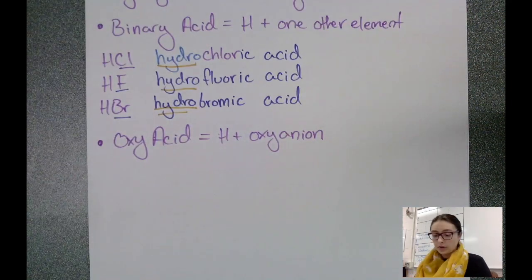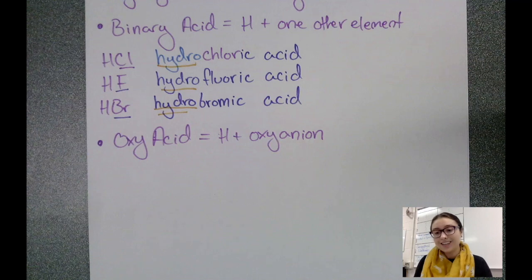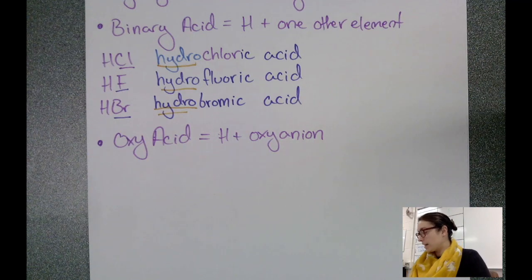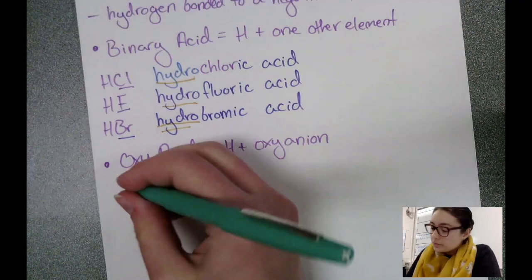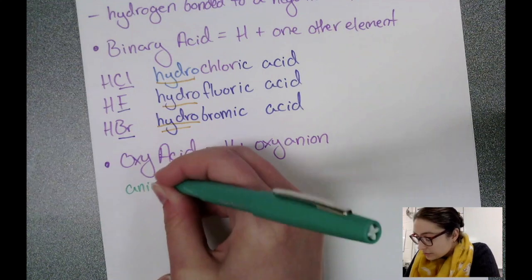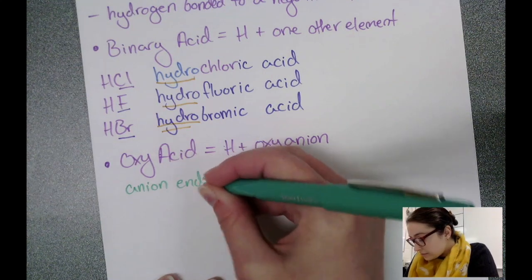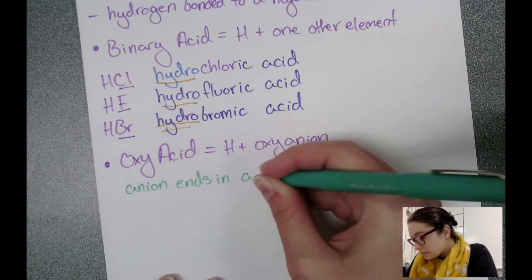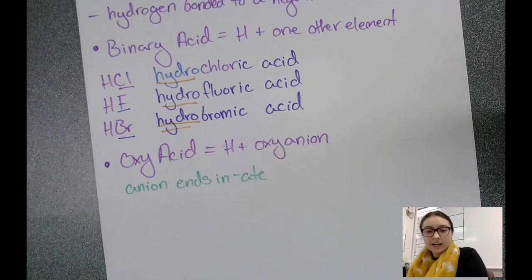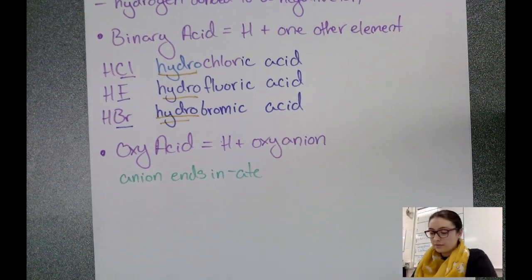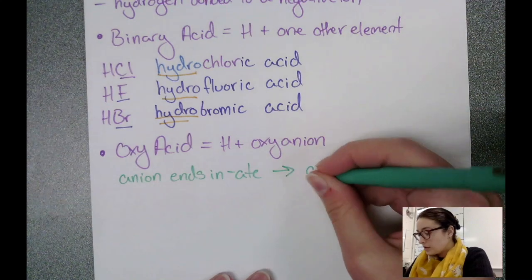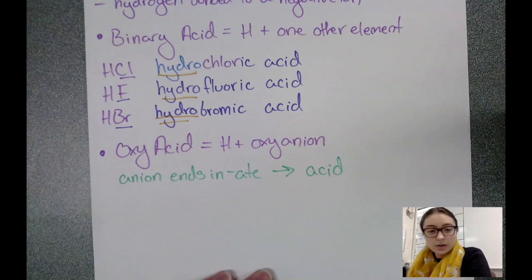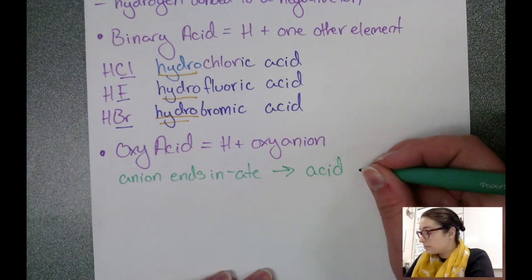So how do we know how to name an oxyacid? Well, it depends on the ending of the anion. If the anion ends in the suffix ate, the acid will have the suffix IC.